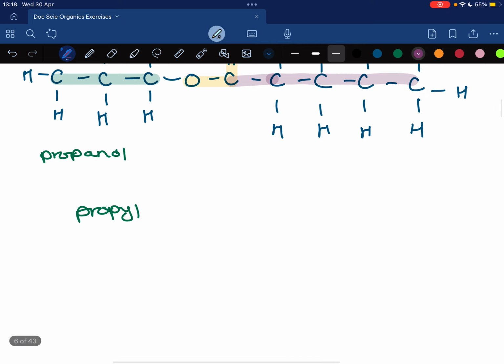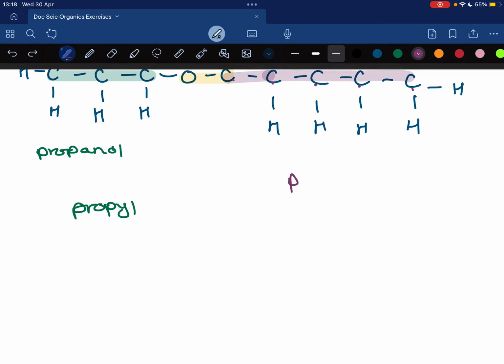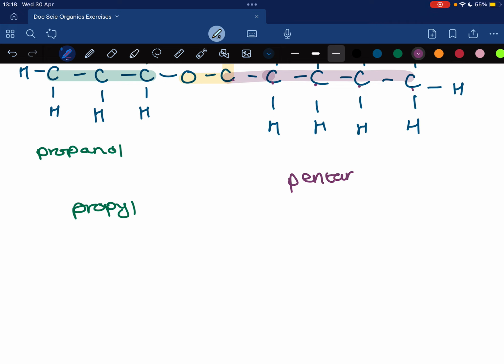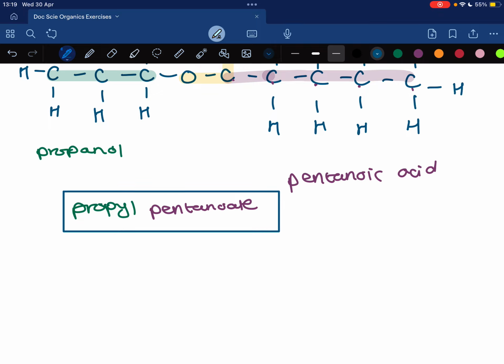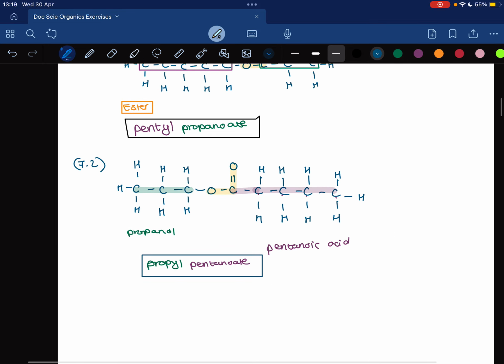And then we have 1, 2, 3, 4, 5 carbons for the carboxylic acid, so that's pentanoic acid, which will change to pentanoate. And that's the answer, propyl pentanoate. So those are the answers to the questions that I gave you.